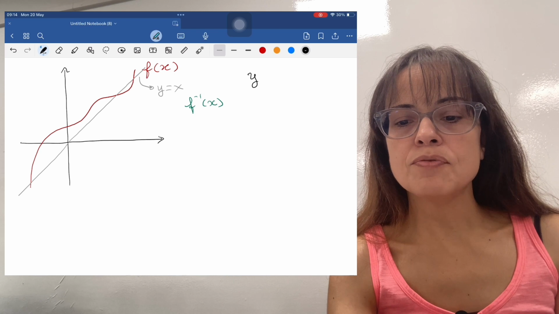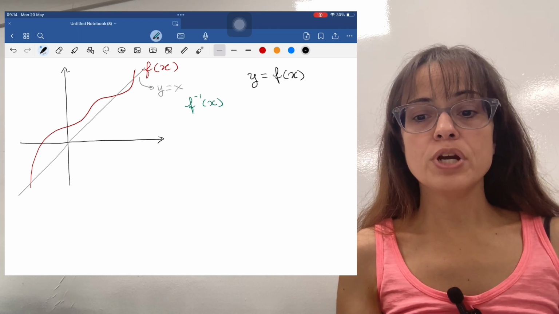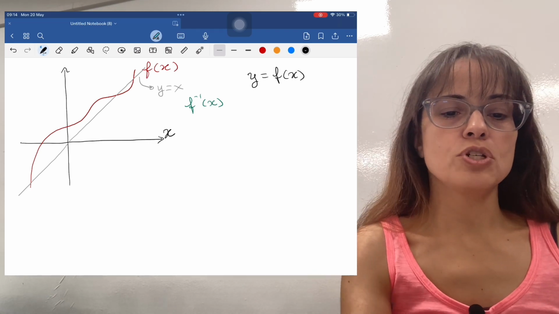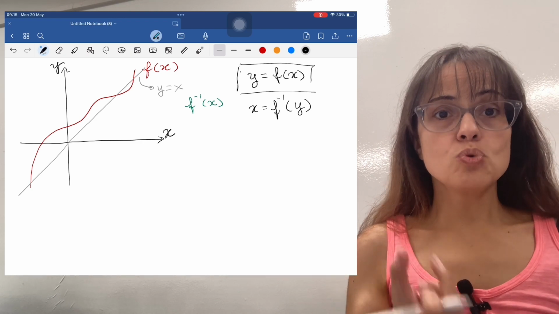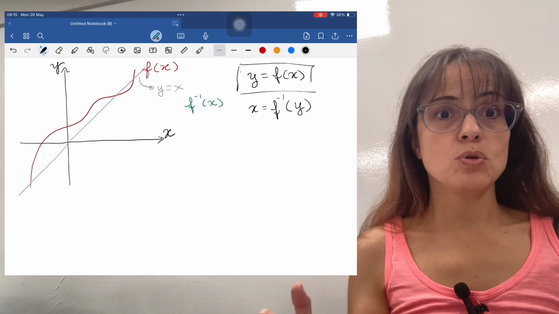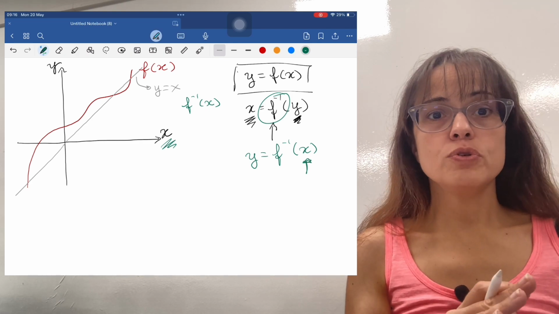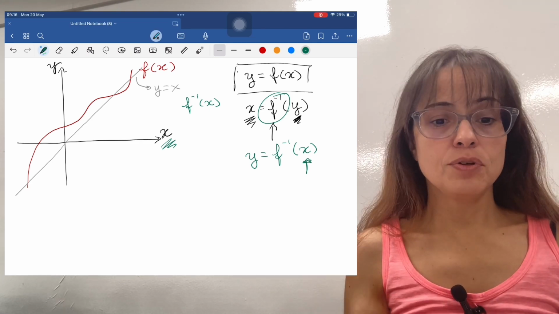Because when you have the graph of the f of x function, they are points of the form x y. Obviously, the x coordinate is horizontal and the y coordinate is vertical. The inverse function switches the role of x and y. So every point x y in the red graph is going to have a corresponding point y x in the green graph.